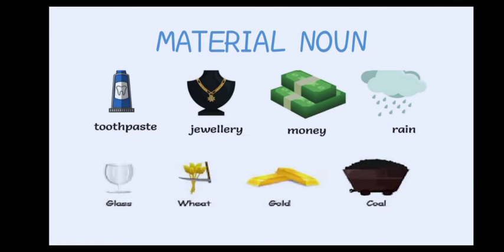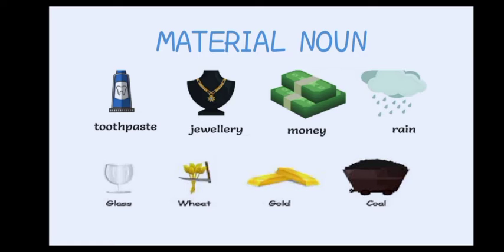Now, the next is your material noun. A material noun is nothing else but the elements or objects, and the product they are made of. Suppose I say jewelry, necklace, earrings, rings, all these elements are made of gold. So what is the material being used to make the jewelry?